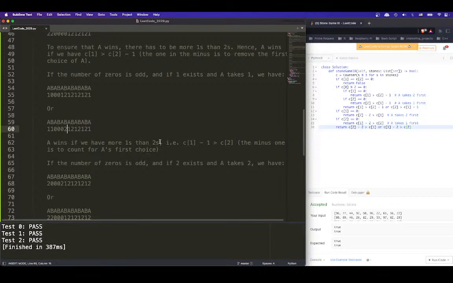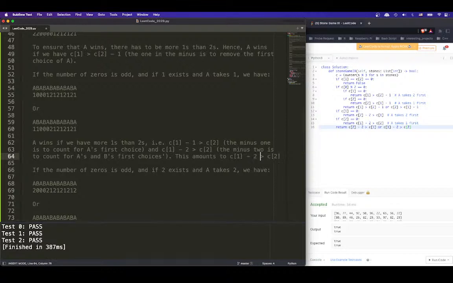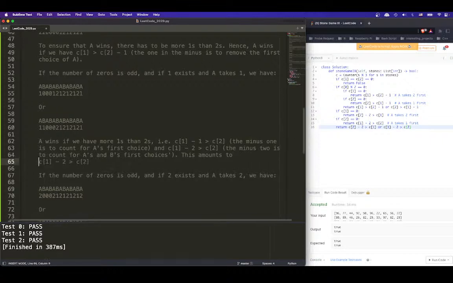I have more ones as C1 minus 1 and C1 minus 2 larger than C2, right? And minus 2 is to count for A's and B's first choices. This amounts to C1 minus 2 larger than C2. Yeah, that's more accurate.